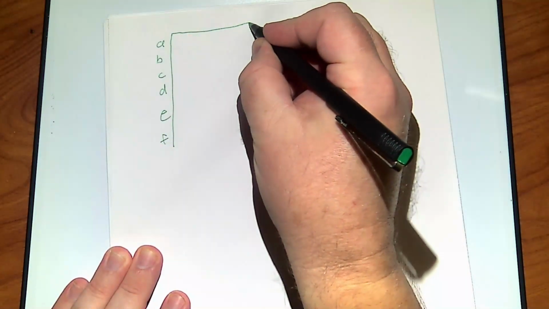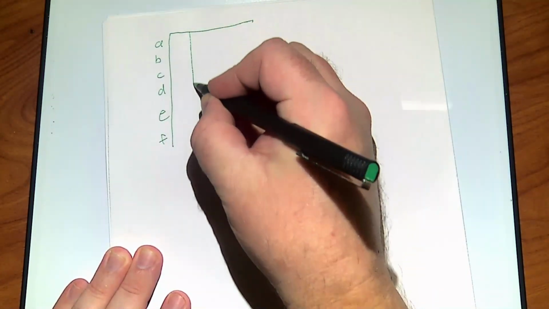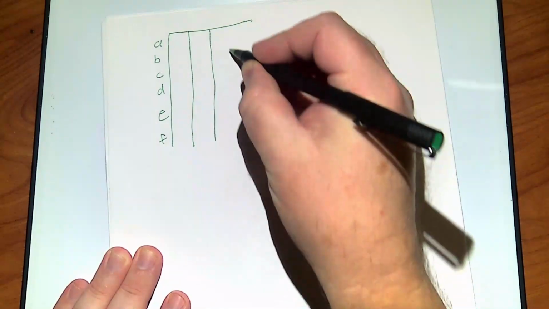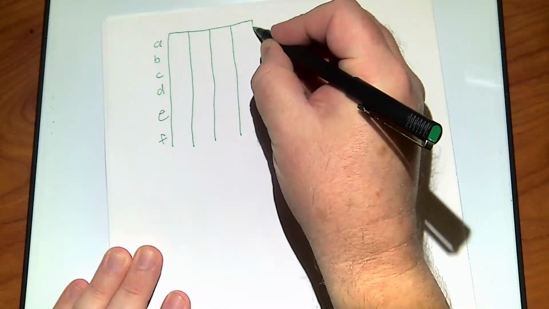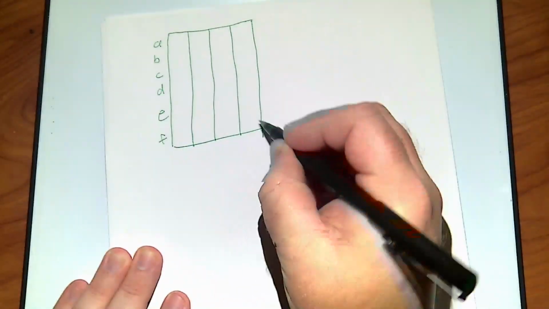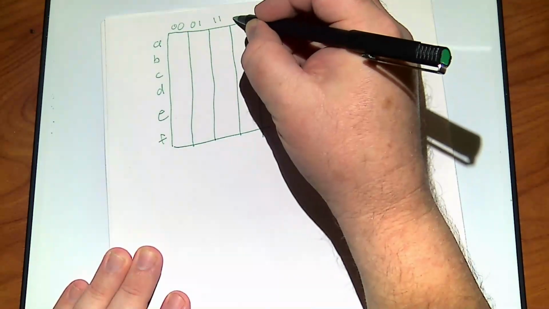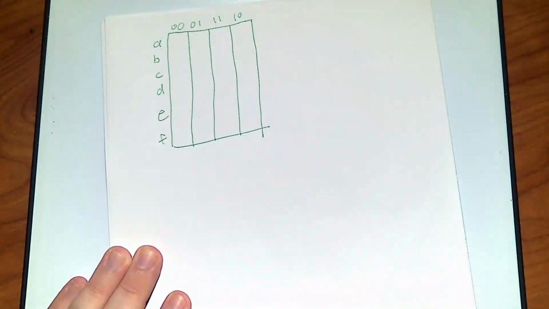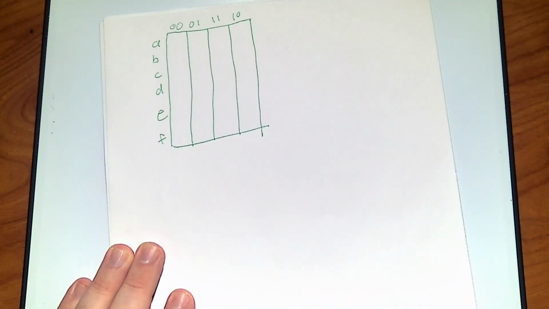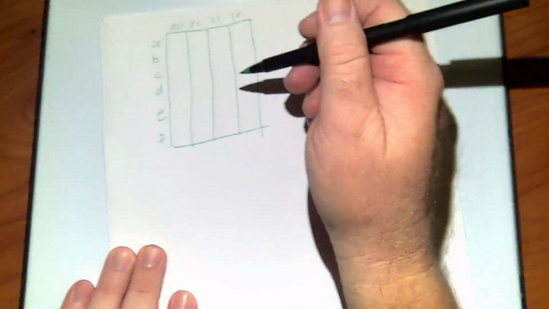And let's say I've got some inputs here. We'll do 2 different input bits: 0 0, 0 1, and so on. We will always list our inputs in Gray code fashion because that makes it easy to transition between these.